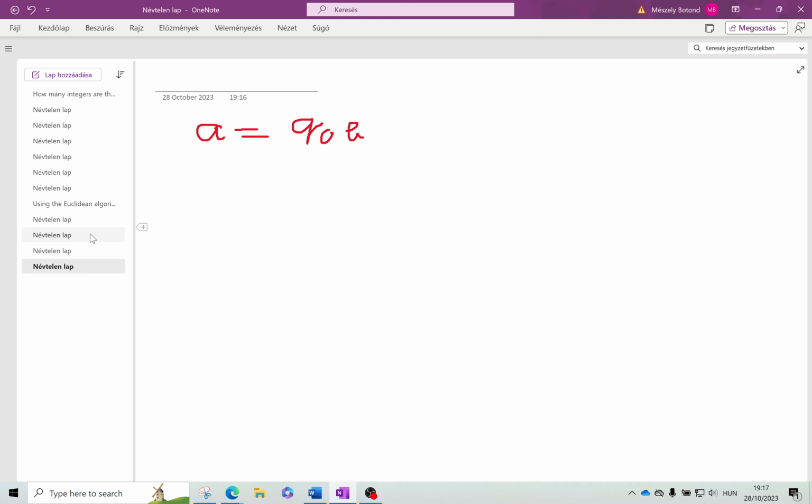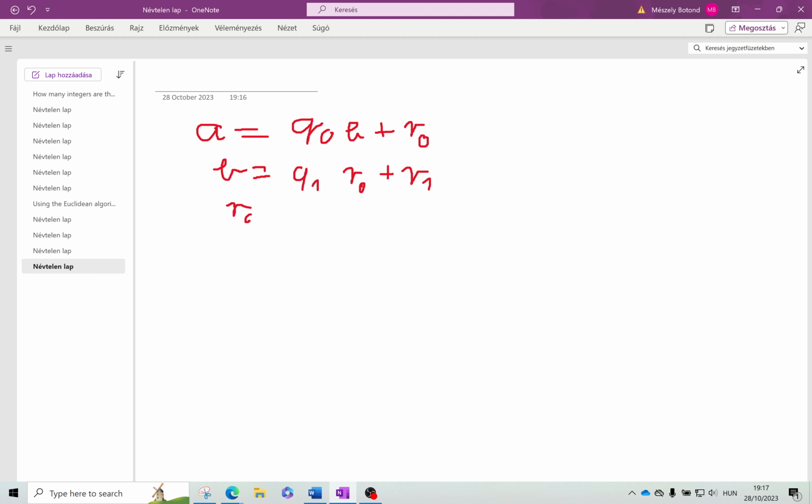Obviously we got A and B, which is something that we already had in hand. These are the two numbers that we want to find the smallest common divisor of. All right, then B equals Q1 times R0 plus R1.